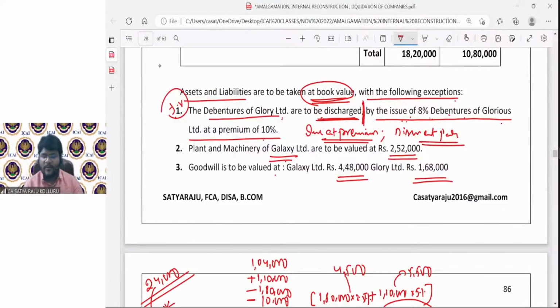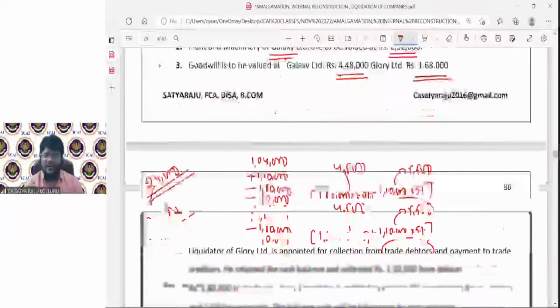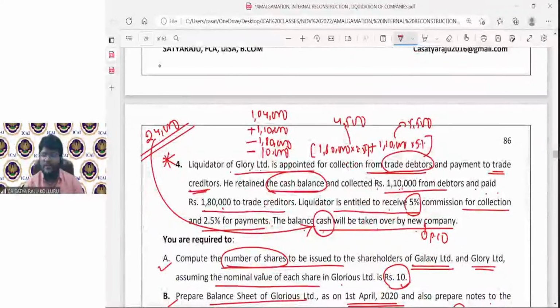Then you can apply the net payments method. Nowhere is it mentioned how much is payable to equity and preference shareholders of the selling company, so how can you apply the net payments method? Then the only method available is the net asset value method, because even intrinsic value per share is not available. That's why you can straight away apply the net asset value method.